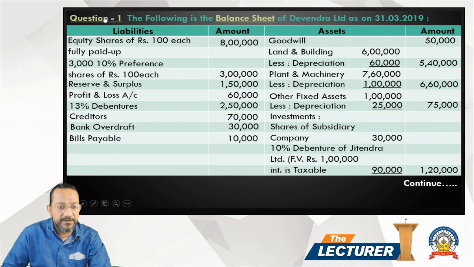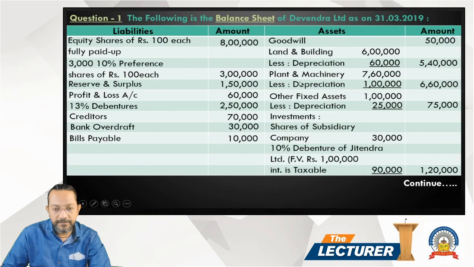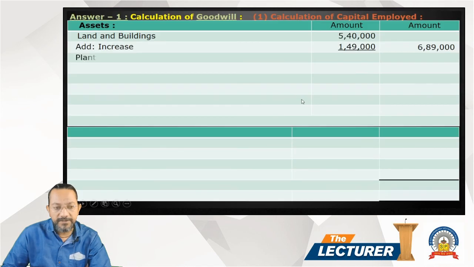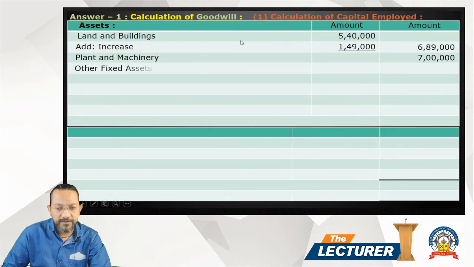They provide the additional value of 7 lakh, so we consider 7 lakh in plant and machinery. Then other assets, consider 75.